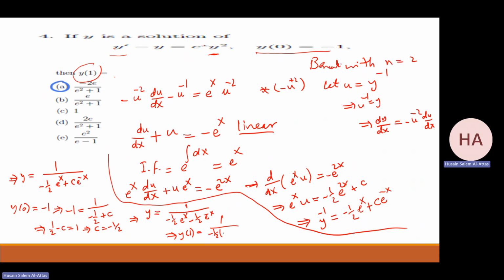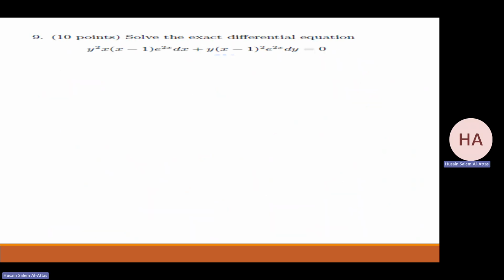I can take it as a common factor, so I took out minus 2, e plus e to the minus 1. So I have minus 2, here I have e plus 1 over e. So it's minus 2e over e squared plus 1, which is this one. Yeah, we need to be careful with the calculation.